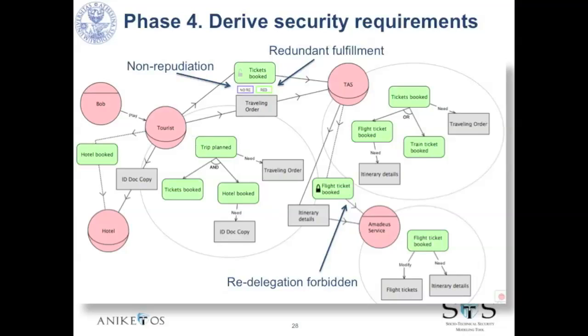And when TAS is specifying no delegation, when delegating the goal flight tickets booked to the Amadeus service, it is expecting the Amadeus service to commit for not further delegating this goal to any other party.